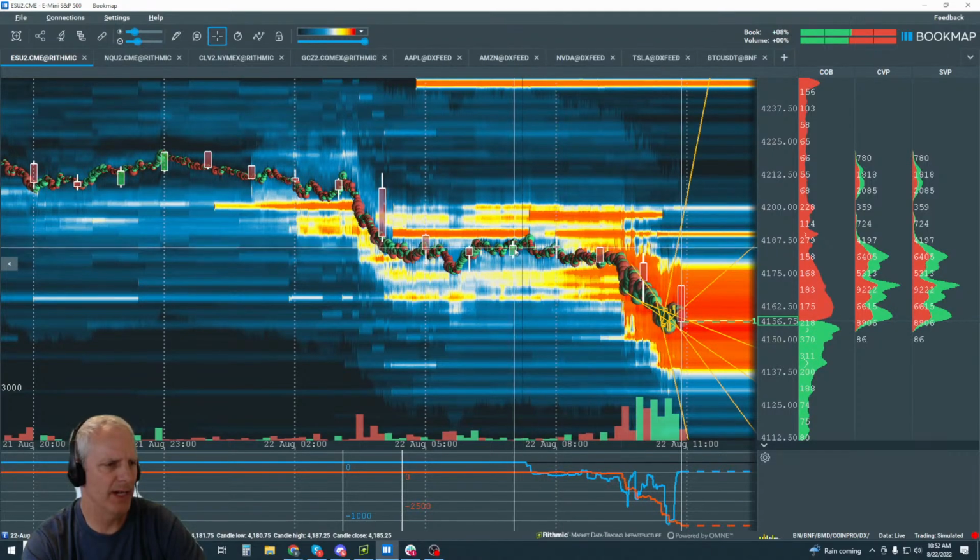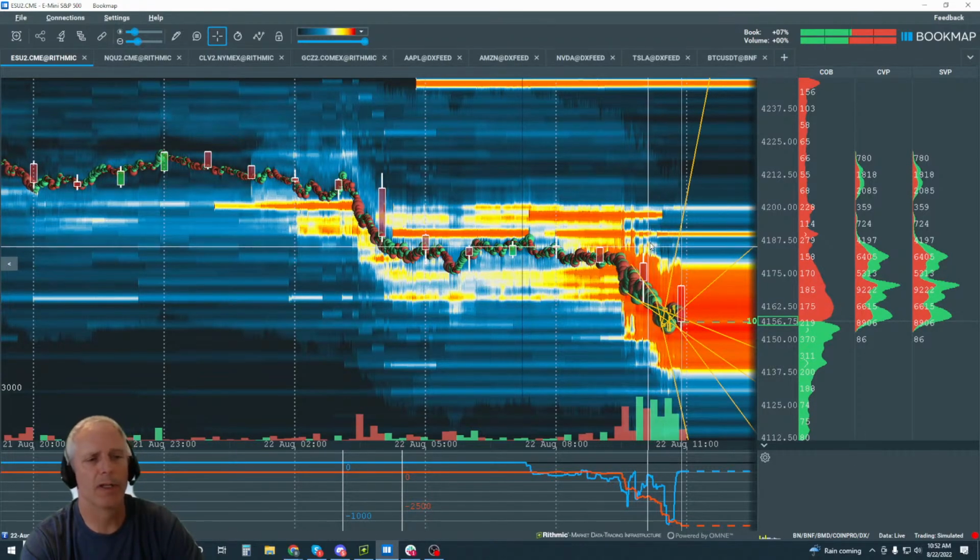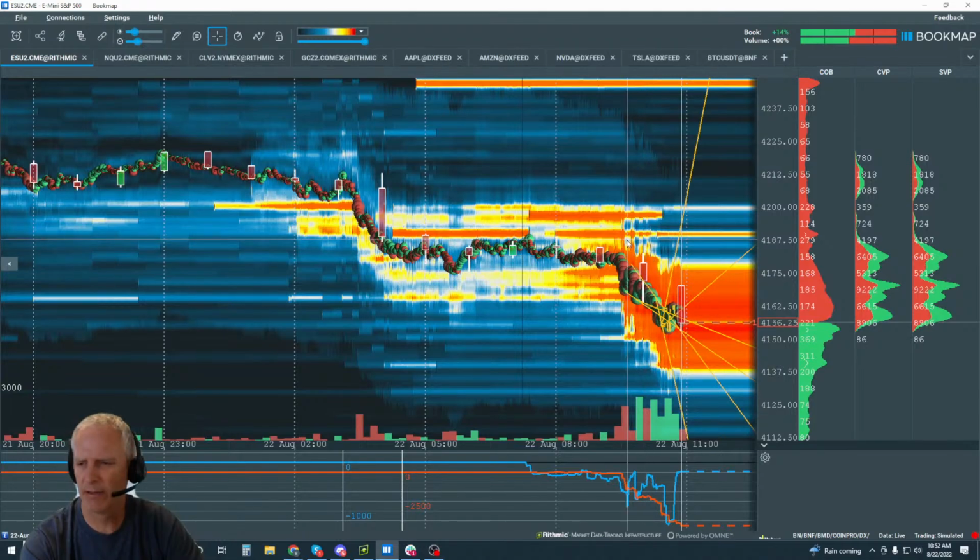There's some tiny green candles in here, and this is just back and forth in the order flow. But again, the concept here is to apply that to the higher time frame, what we saw in the smaller time frame.